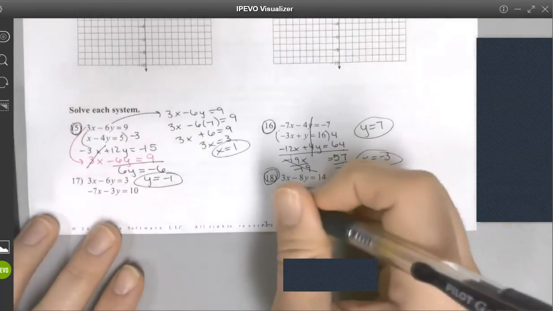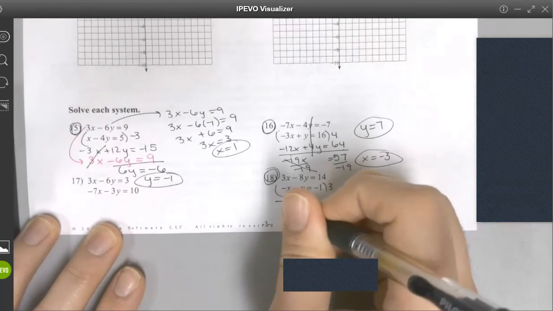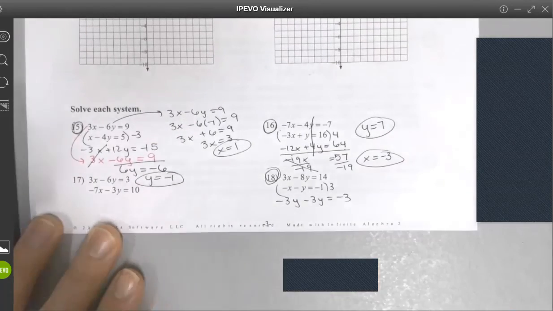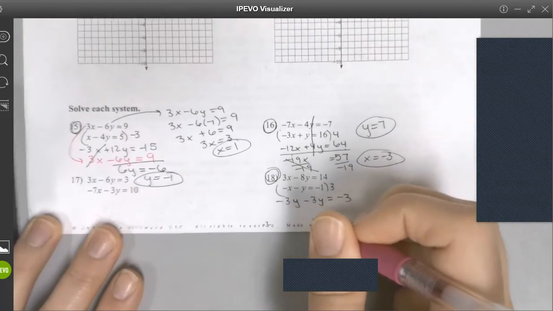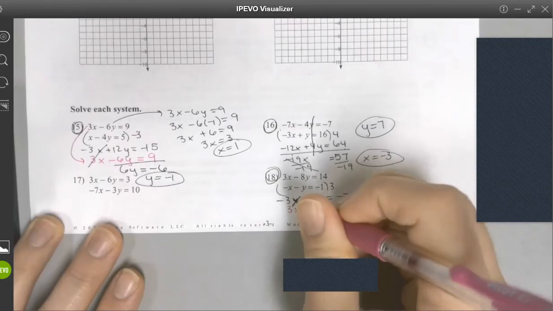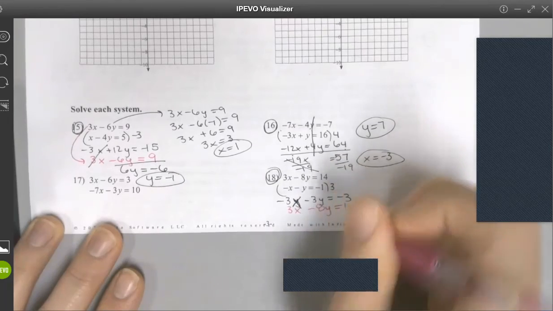On 18, I chose to multiply this bottom equation by 3. That way, when I combine it with the top equation, I'll just rewrite it.